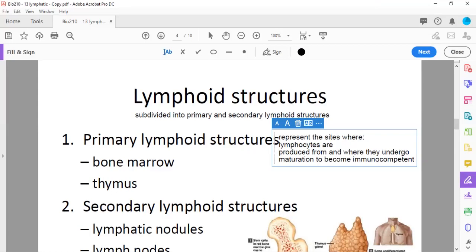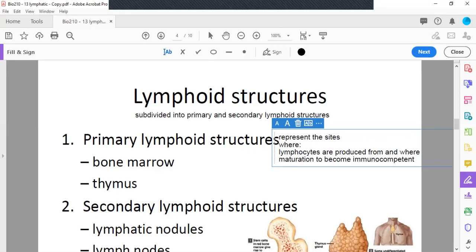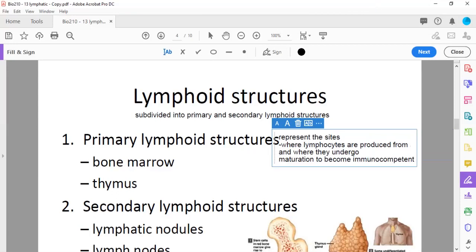And also the sites where these lymphocytes undergo maturation to become immunocompetent.